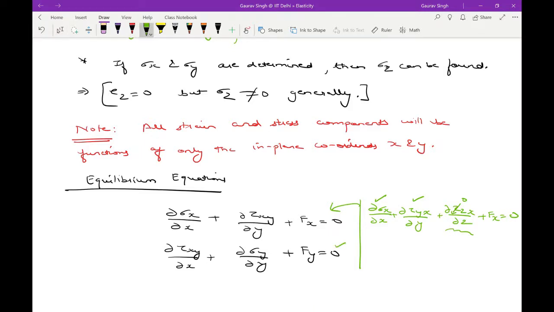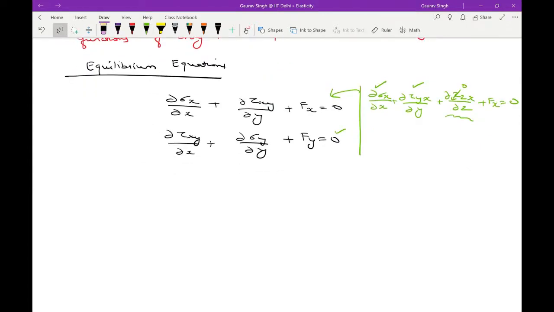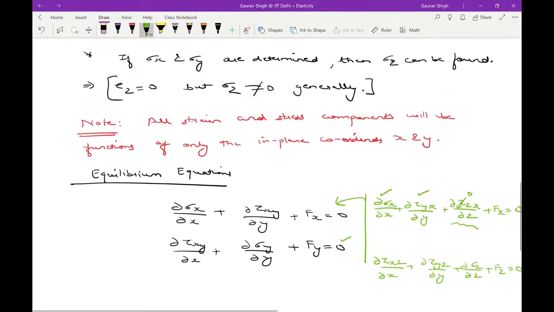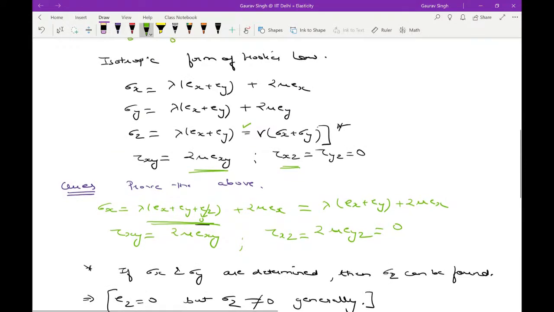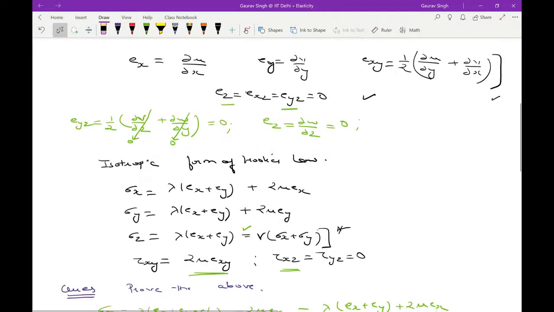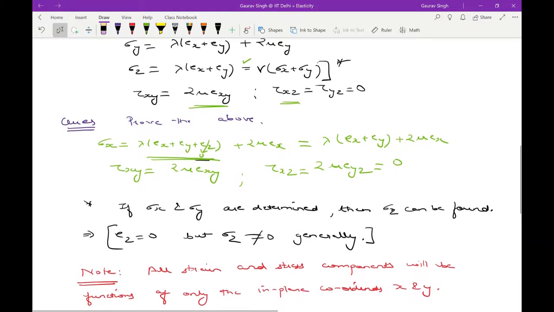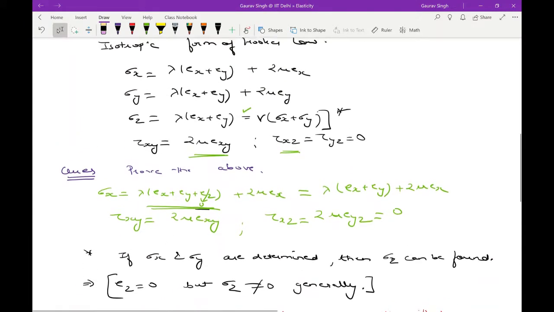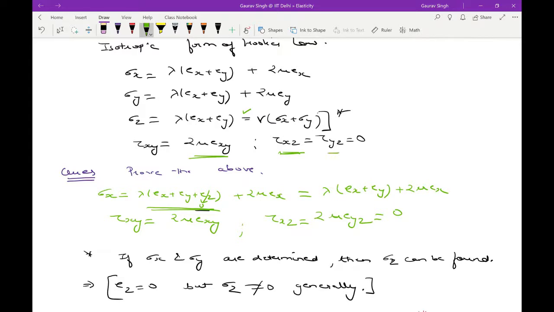I'm writing the one which is actually missing. Let's see why it is missing. The third equilibrium equation: dou tau xz by dou x plus dou tau yz by dou y plus dou sigma z by dou z plus fz. So why is this equation missing at all? Let's see. Tau xz, as you see, is 0. Tau yz is also 0.